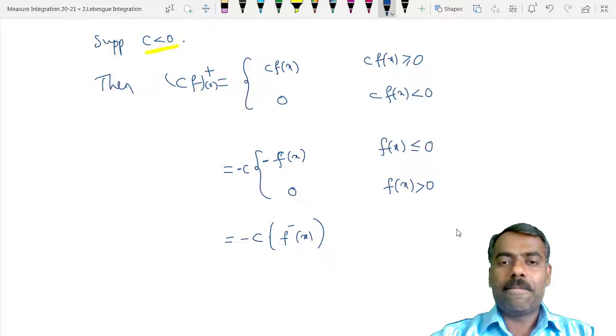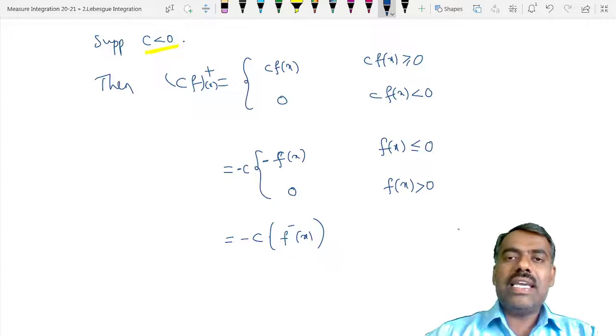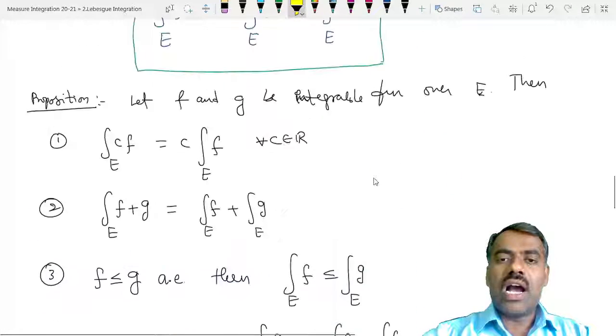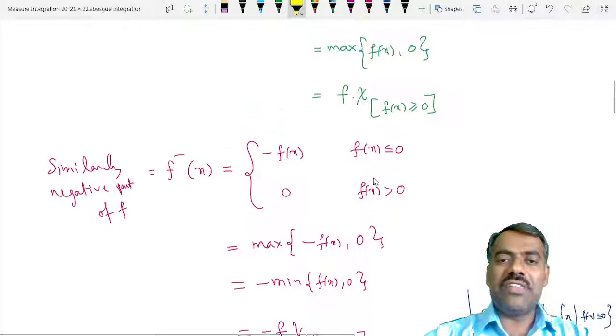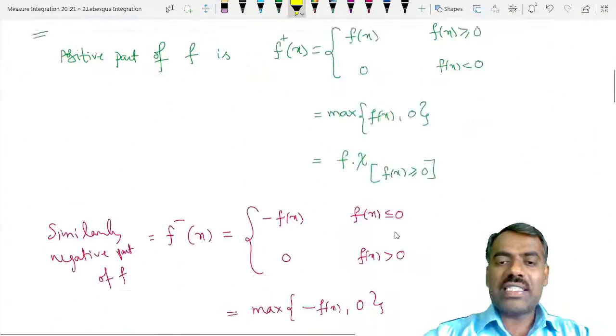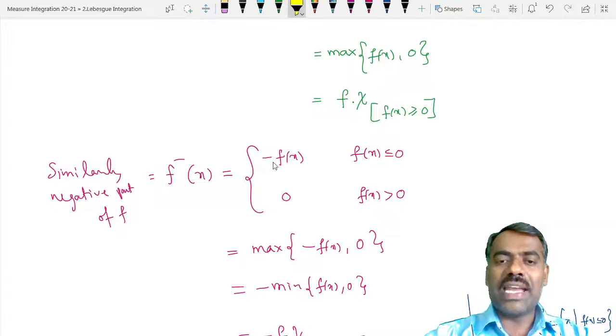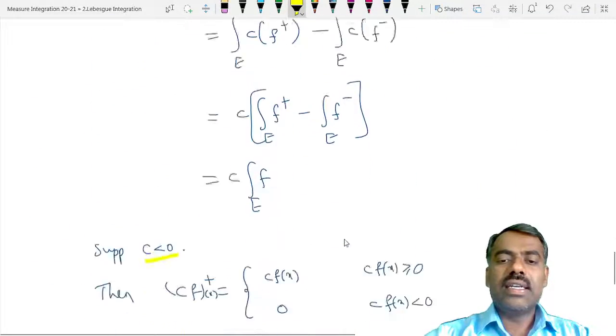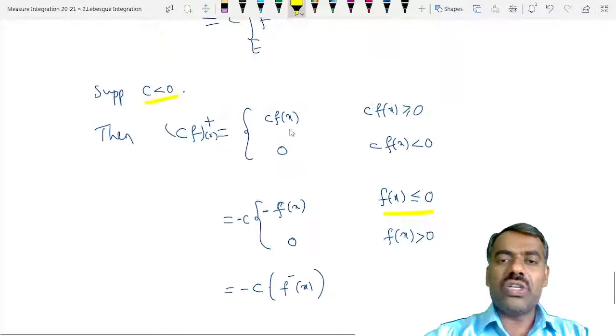Sir, how would the minus come? Because here what we have is f of x less than or equal to 0. So if f of x is less than or equal to 0, how is our negative part defined? When f of x is less than or equal to 0, it should be minus of f of x. Are you following? So here f of x is less than or equal to 0 and c you can take outside, but we don't want f of x here, we want minus f of x.